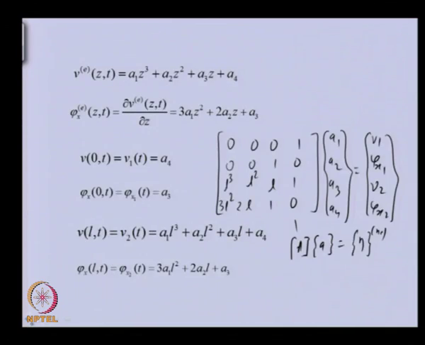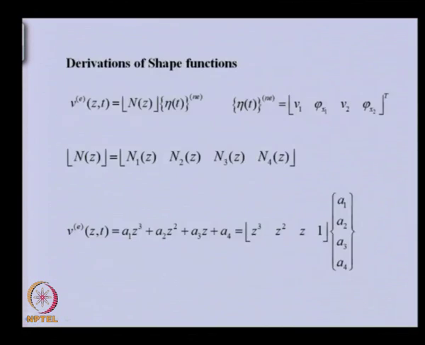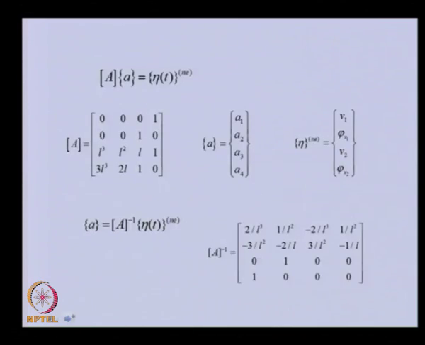Now, we earlier expressed this particular displacement, the shape function displacement, as, we'll go back to this, we expressed it like this. So, basically we had a here, which we have now obtained as A inverse into eta. So, now we are substituting this quantity in place of a in this expression.